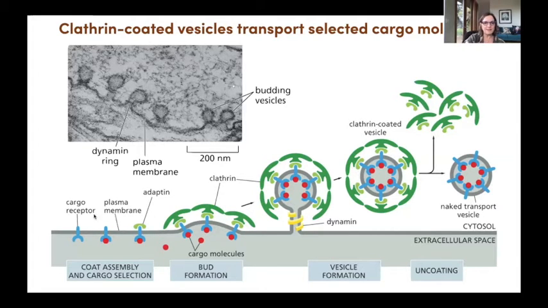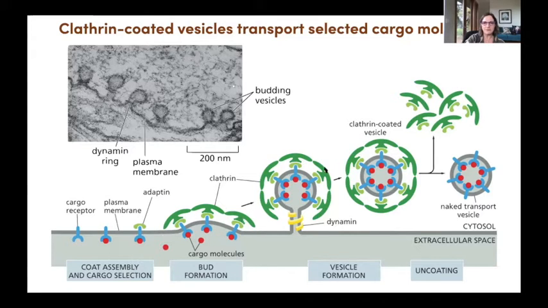So this just highlights a few things that were said in the video and that I've already mentioned. Again, they keep flipping around the orientation. In this case, the exterior of the cell is here and the interior of the cell is here. So molecules that are going to be endocytosed through receptor-mediated endocytosis bind to specific receptors on the cell surface. Those receptors interact with these light green adaptin proteins, which connect them to clathrin.